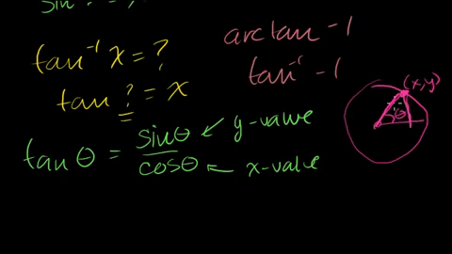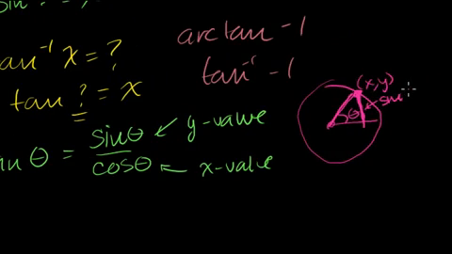We know already that the y value is the sine of theta, and this x value is the cosine of theta. So what's the tangent going to be? It's going to be this distance divided by this distance. Or from your Algebra 1, this might ring a bell because we're starting at the origin, the point 0, 0.